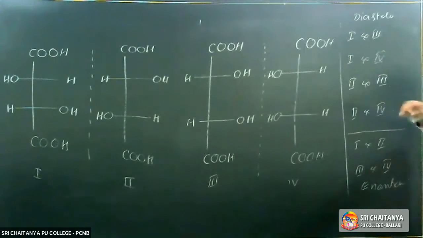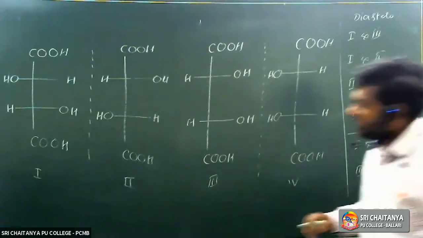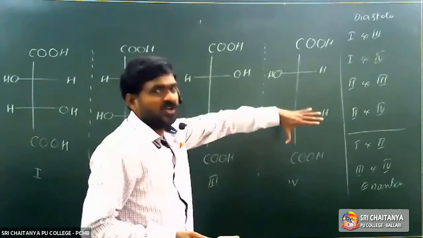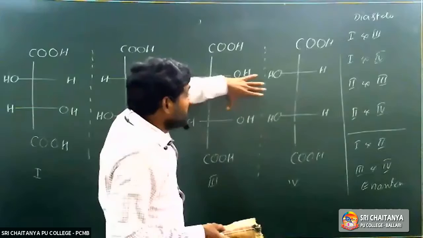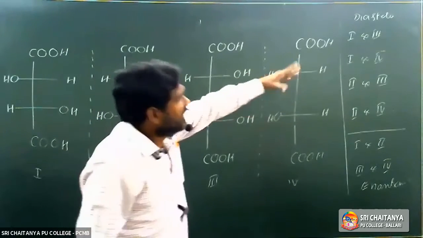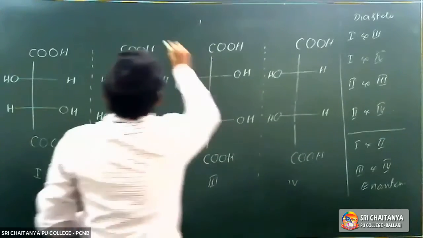So they are called diastereomers. Enantiomers have similarities in their physical properties. Diastereomers have no similarities in their physical properties. Next, the meso compound.